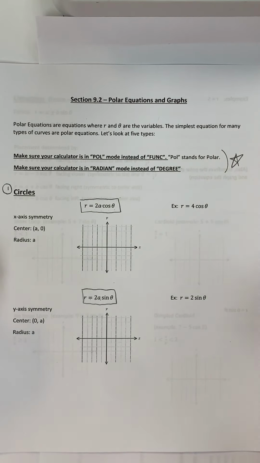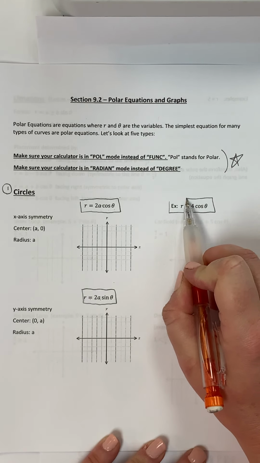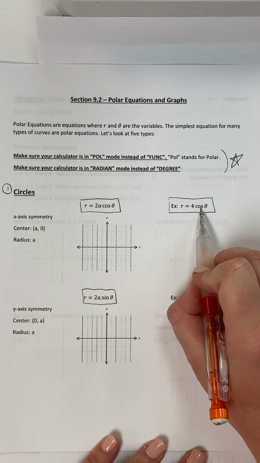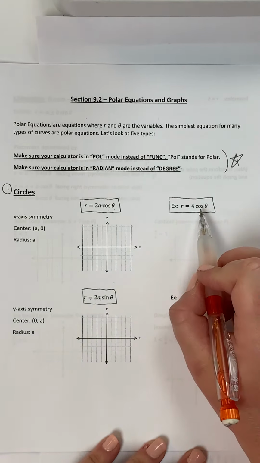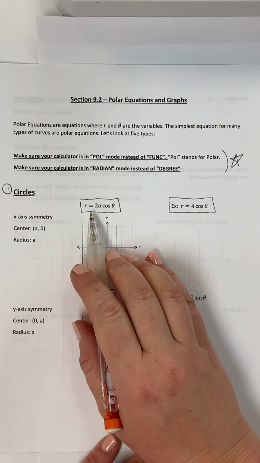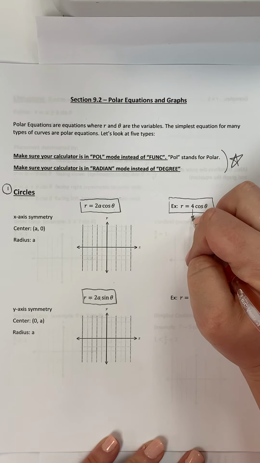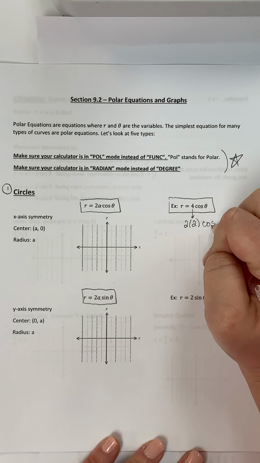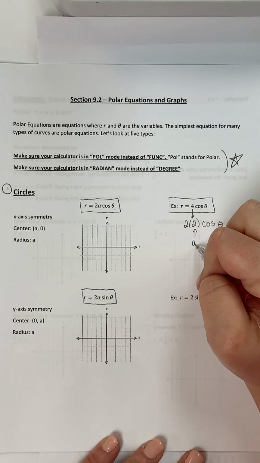Okay, so if this is our equation, and we're going to graph it so that you can take a peek at it, but what I know is that I'm going to have x-axis symmetry because there's a cosine. I also know if I pull out a 2 out of this 4, then whatever is left, in this case it also happens to be a 2, is going to be a.